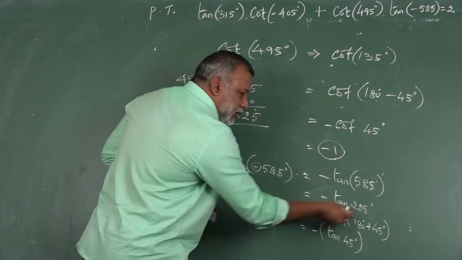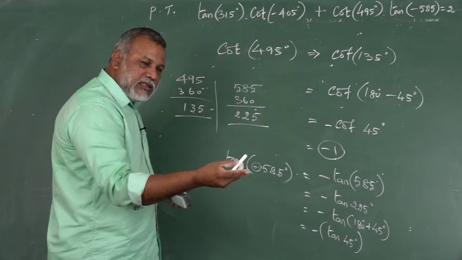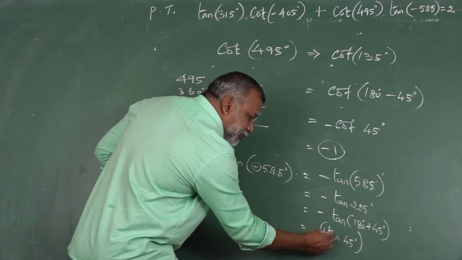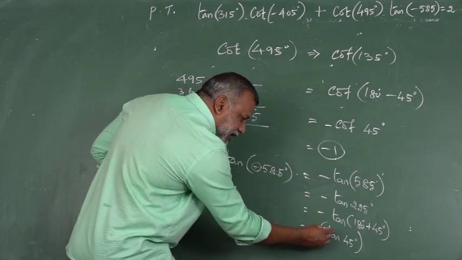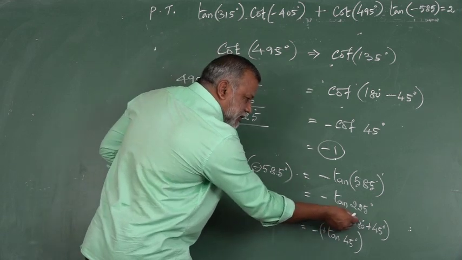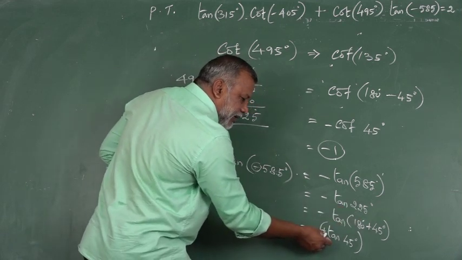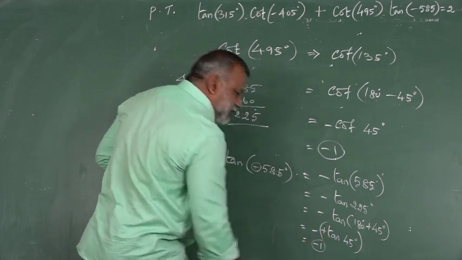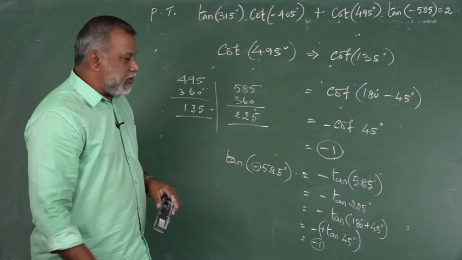Now listen, 225 lies in which quadrant? The third quadrant. In the third quadrant, tan takes a positive sign, but already you have this negative symbol. So positive and negative gives minus 1.